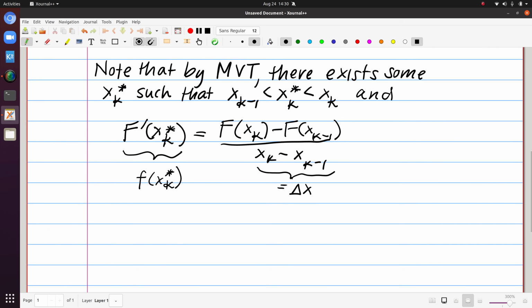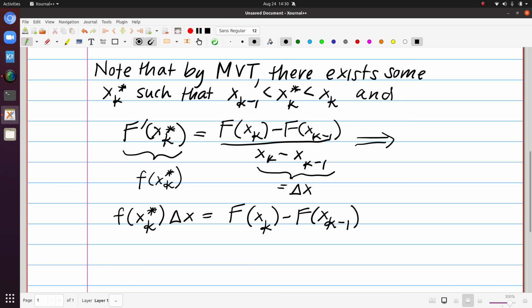So I can rearrange this to say that f of xk star times delta x is equal to capital F of xk minus capital F of xk minus 1. So I made the observations that I've listed above, and I also multiplied that denominator of delta x over to the left-hand side.